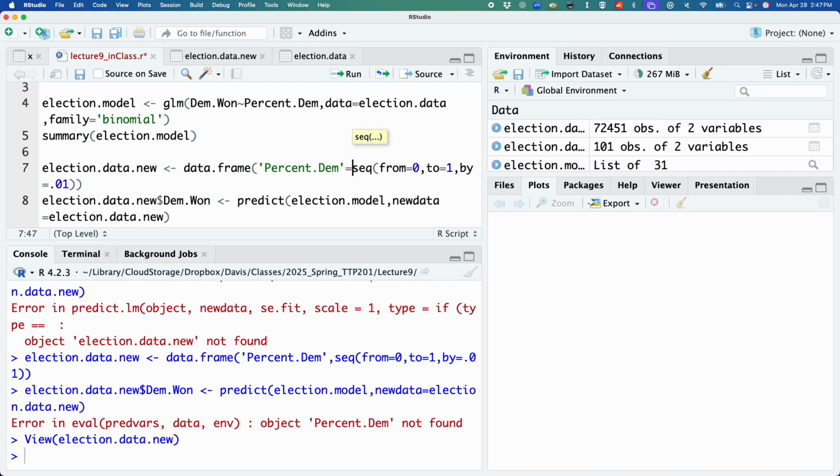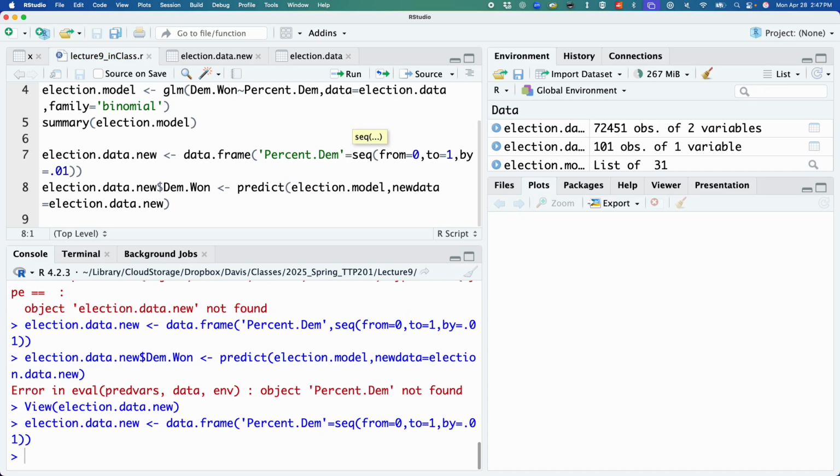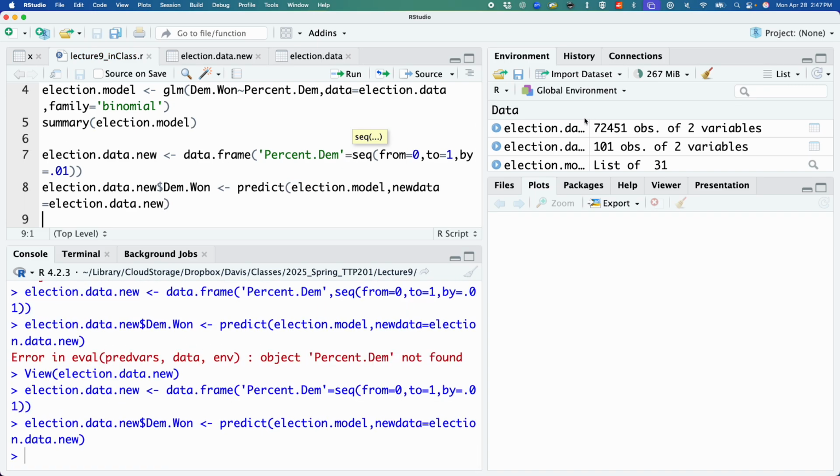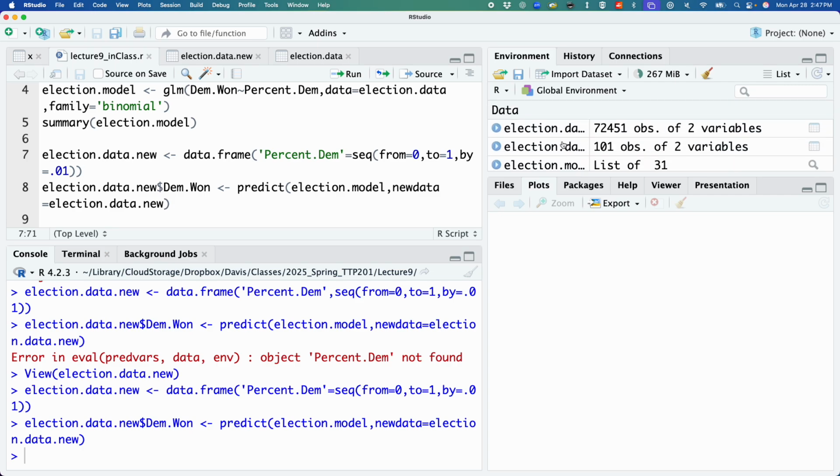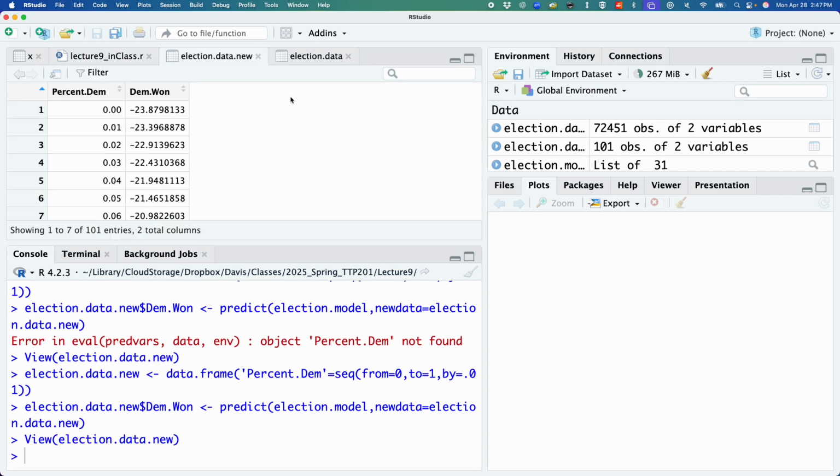This should be an equals, not a comma. Okay, there we go. So now I've predicted over this sequence from 0 to 1. And where is that guy? Oh, I added it as a column here.